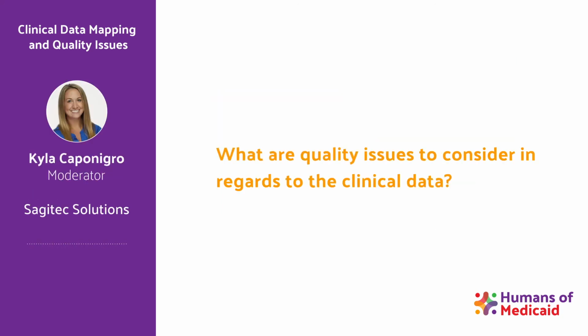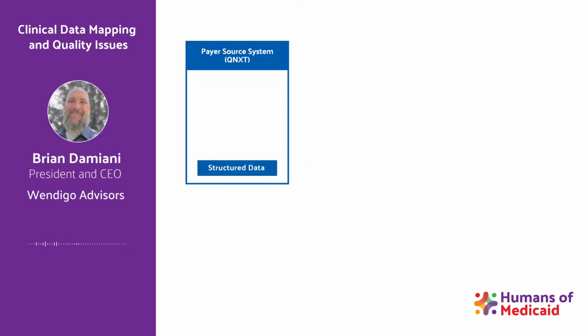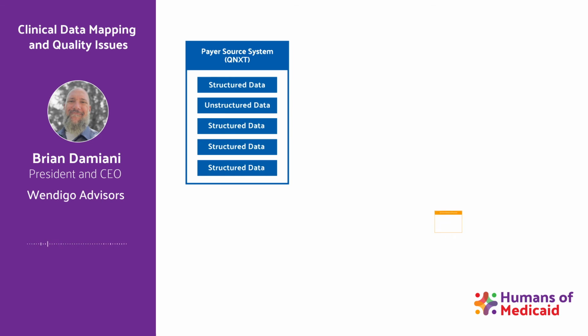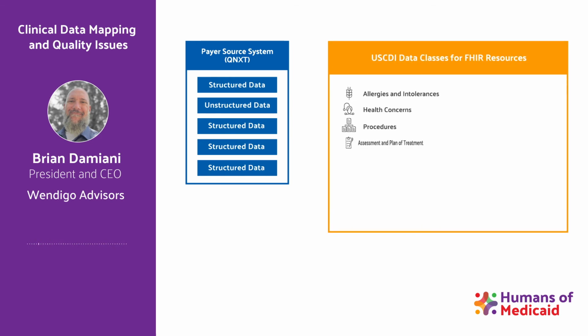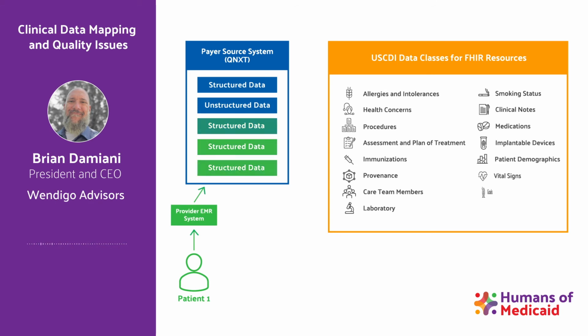That makes sense. So now understanding the scope of the data, Brian, what are some of the quality issues to consider in regards to the clinical data? From a clinical data perspective, the primary quality issue that I think you'll see is the inconsistency in which the data may be available. There may be one member, for example, that has all their lab results and other data available simply because their providers have more effective systems for tracking and sharing this data, or they submit it differently.